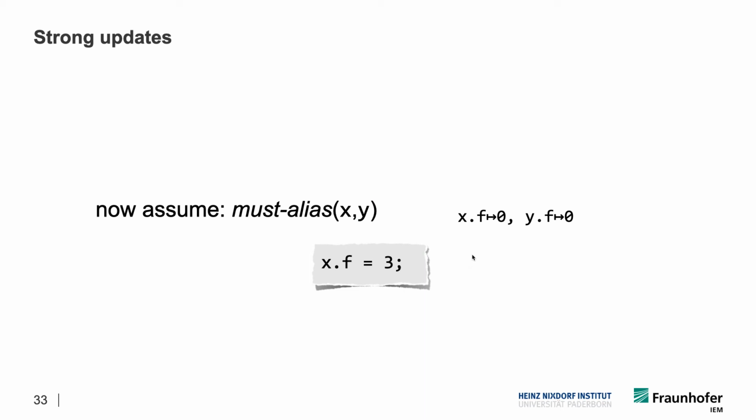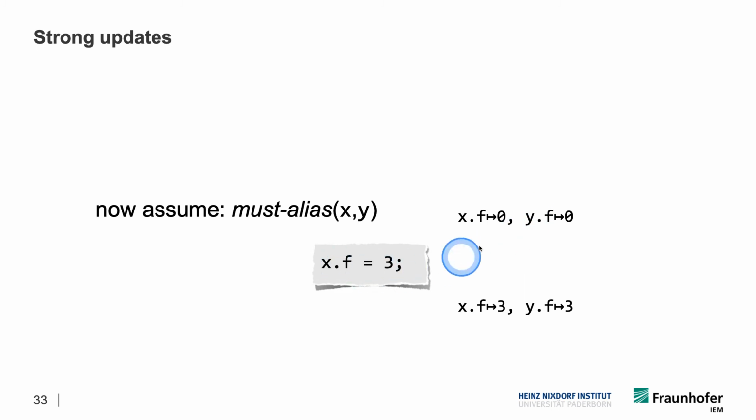So they definitely must point to the same memory location. By the same reasoning, we can now do a strong update. So we not only know that x.f definitely has been updated to 3, but we also know that the same holds for y.f.